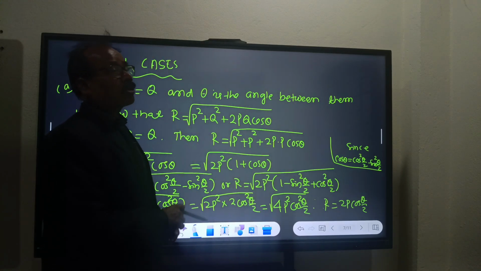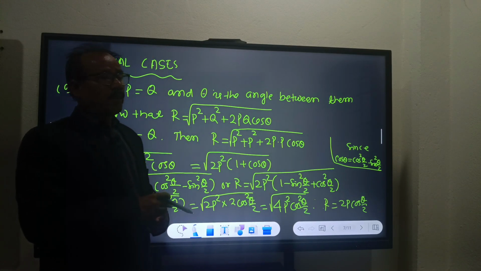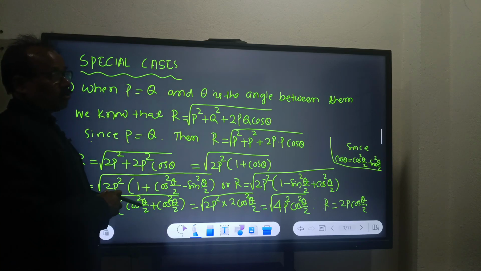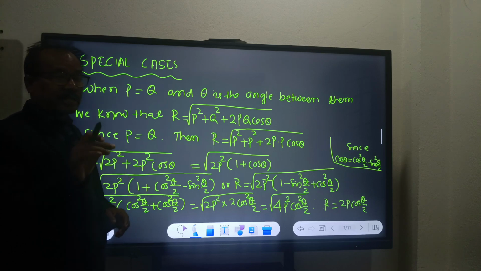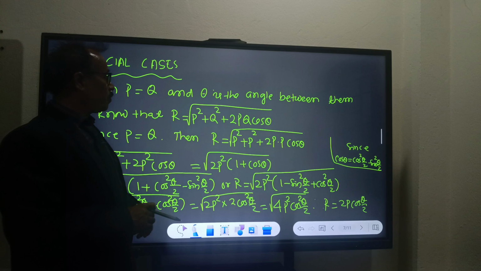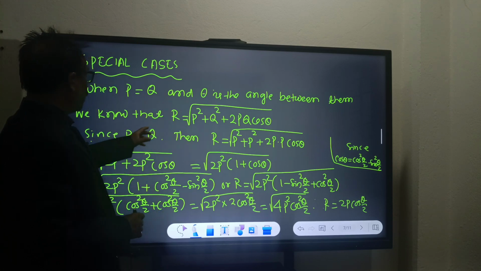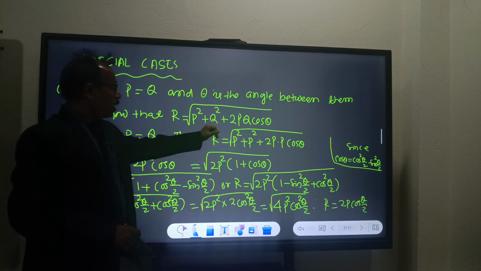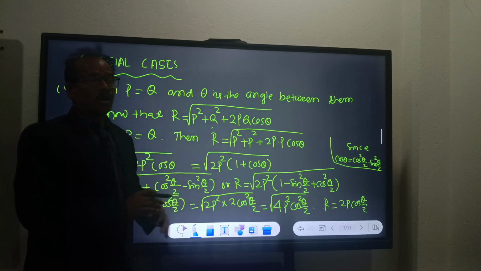Now, there are 4 special conditions. First of all, when P is equal to Q and theta is the angle between them, you know that R is equal to root over P square plus Q square plus 2PQ cos theta.